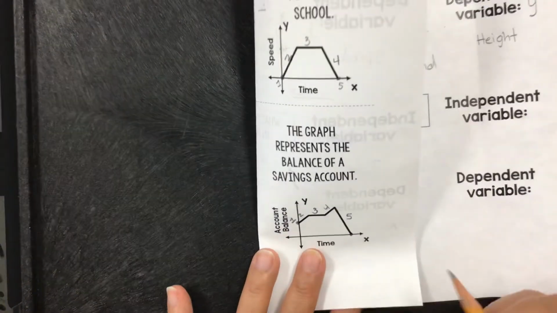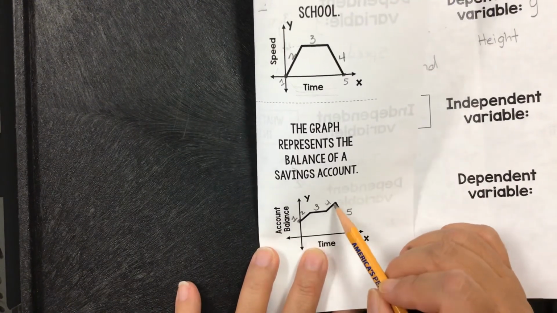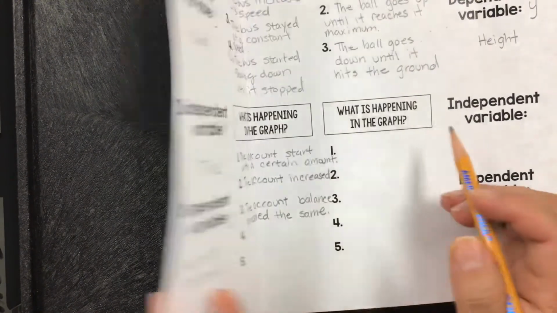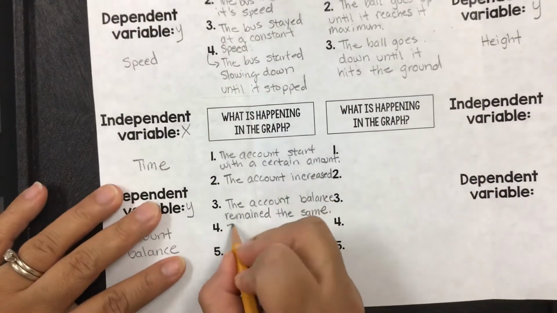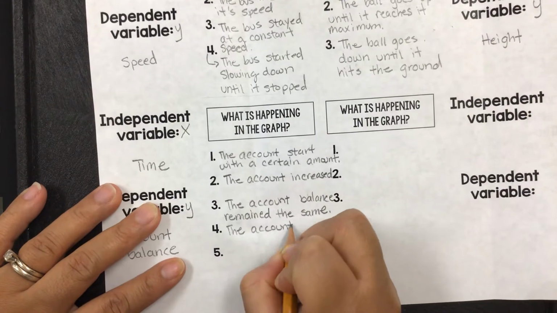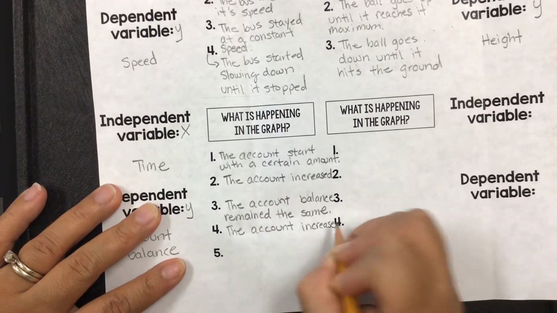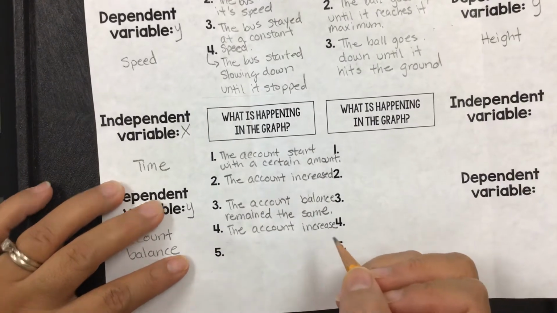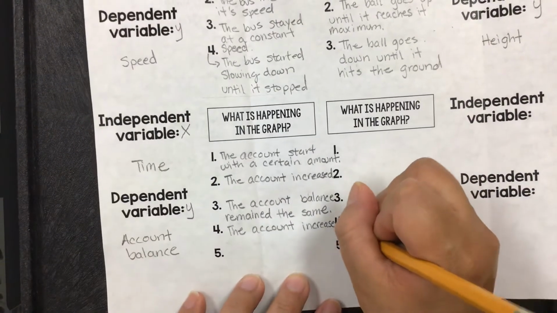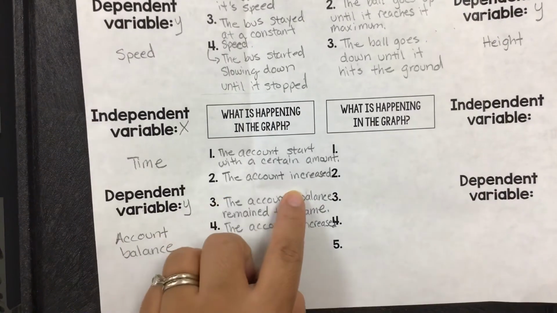Then it increased a little bit. It looks like a little bit more than the first time. The account increased. We're not sure how much it increased, but it looks like it increased more than that second little interval.